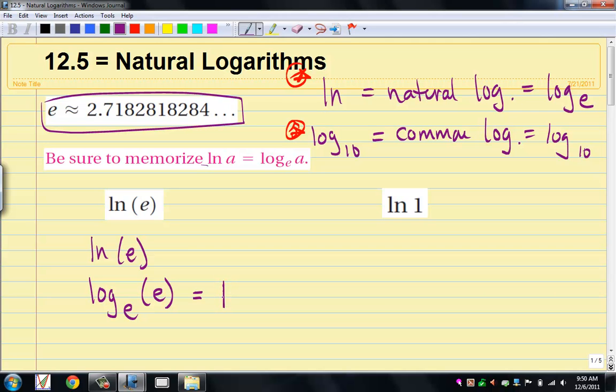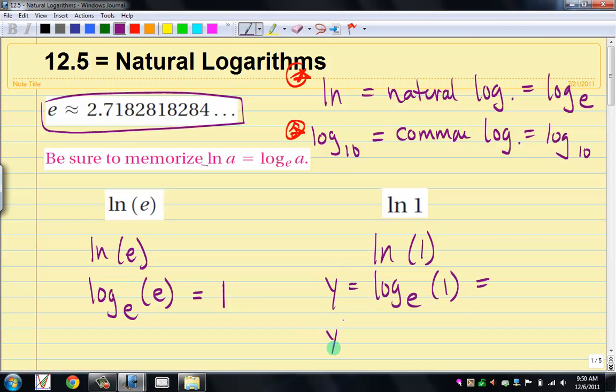So we're just going to run through a couple examples of how to use the natural logarithm. Natural log of 1, so that's ln of 1, which is log base e of 1. And what is this equal to? Again, remember, you could say y equals this, and then move stuff around.